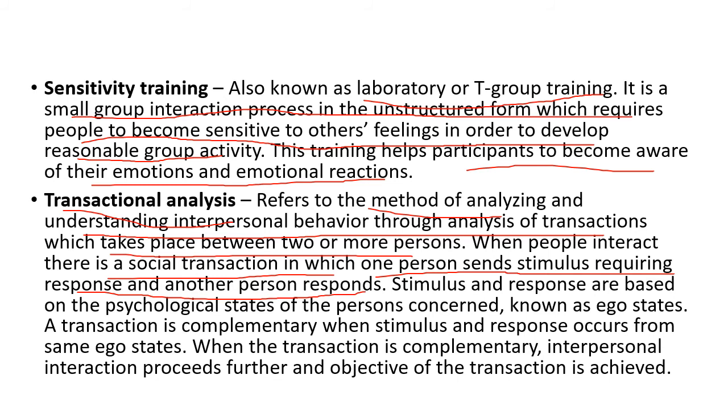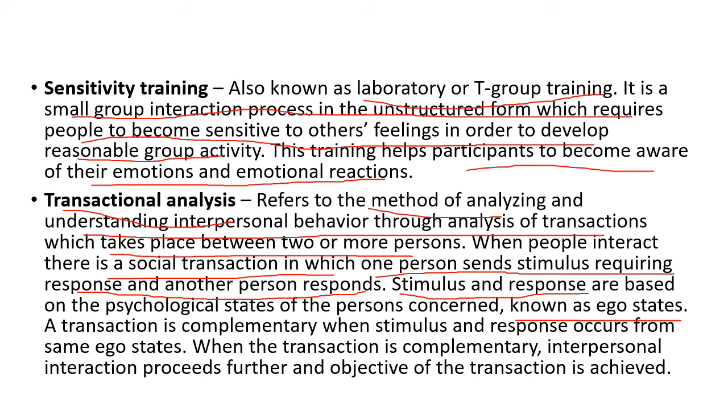So stimulus and response are based on the psychological states of the persons concerned. They are also known as ego states. Obviously, whether that person will accept your request or not wholly depends on that person's psychological state. Okay, many people don't want to accept unknown requests, so that is their psychological state.